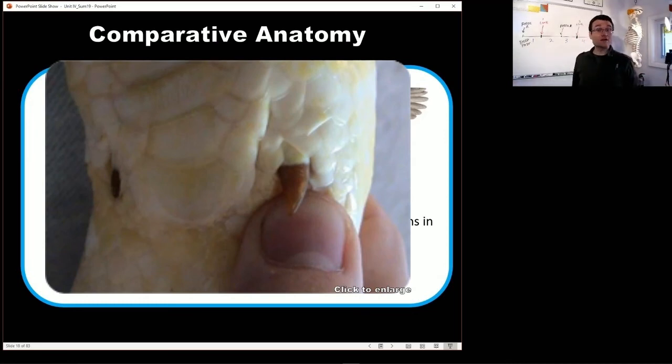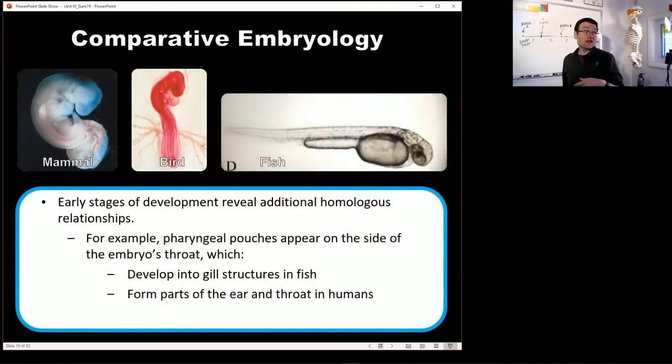Related to comparative anatomy, we have comparative embryology. In comparative embryology, you do the same kinds of checks between organisms, but you're looking at earlier developmental stages. It's an interesting fact that all vertebrate embryos, everything with a backbone, with a spinal column, look very, very similar at early stages of development.